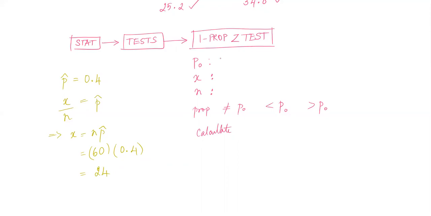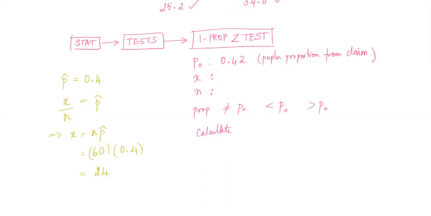Come back here. The p naught is 0.42. Remember, this is your population proportion from the claim. Because you have the p hat and the p naught. p naught is a notation that the calculator uses.